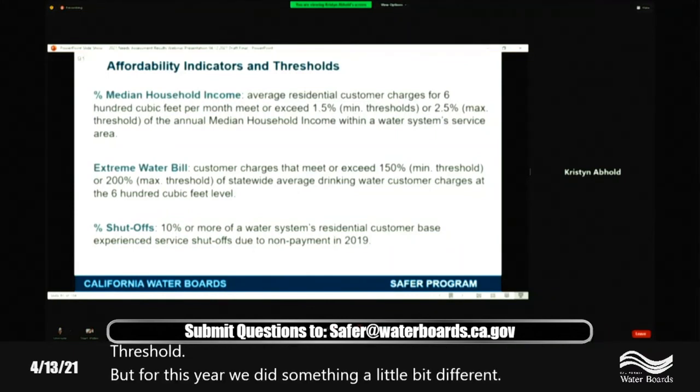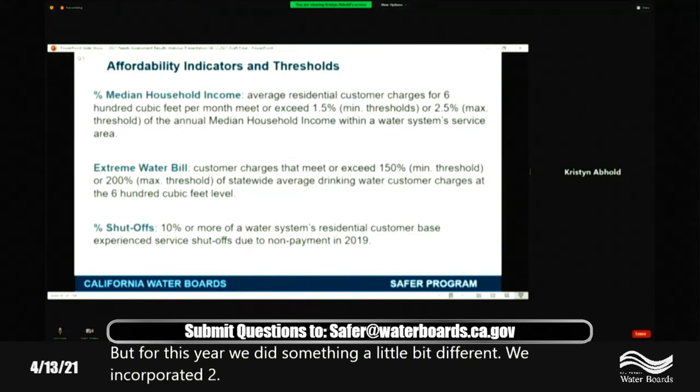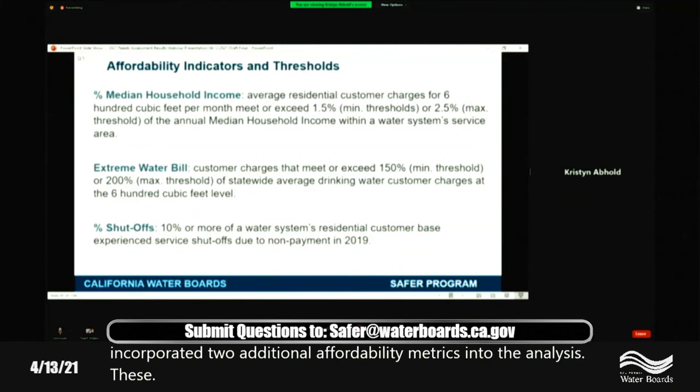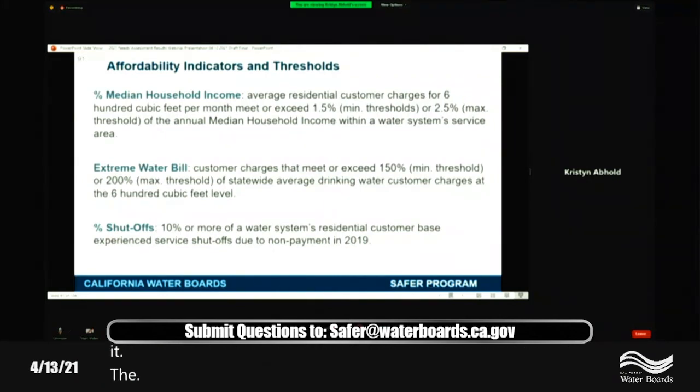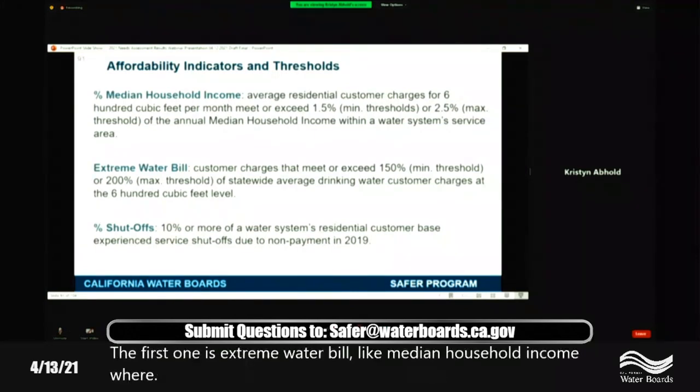We incorporated two additional affordability metrics into the analysis. These metrics were also used in the risk assessment. So you are going to see them in a few places in the paper if you read through it. The first one is extreme water bill. Like median household income, we're also looking at customer charges.